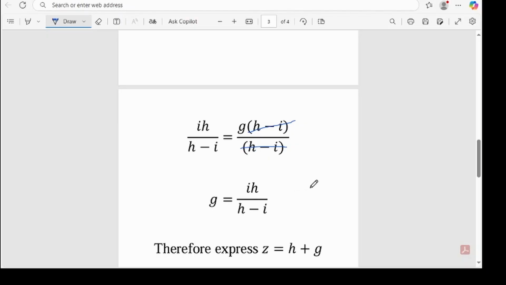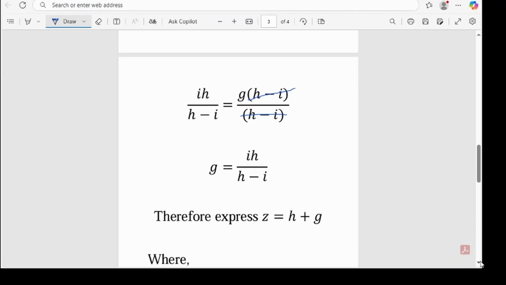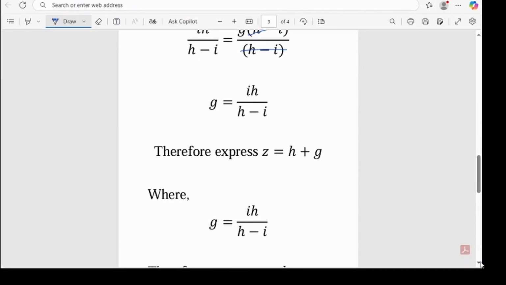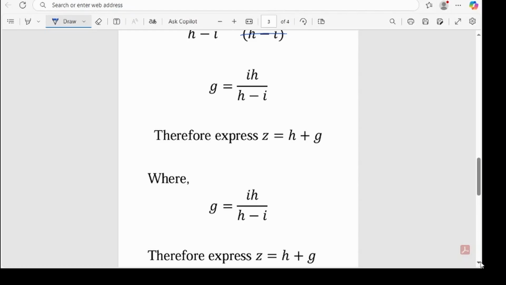And based on the preamble of the question, they are telling us to express Z, which is equal to Z equals H plus J. Okay, so here our J is IH over H minus I, right?